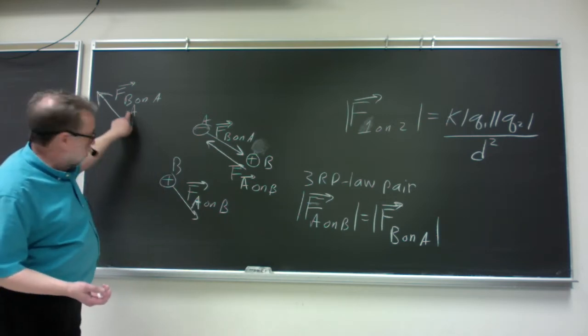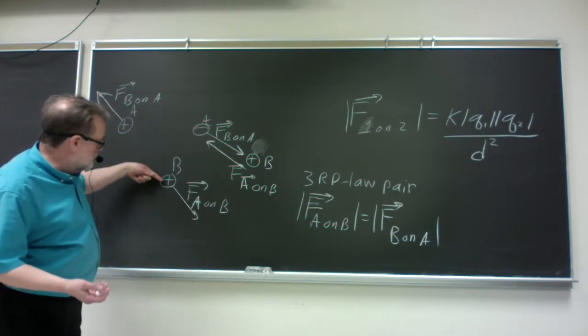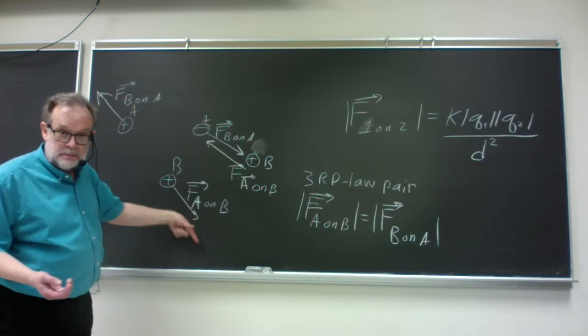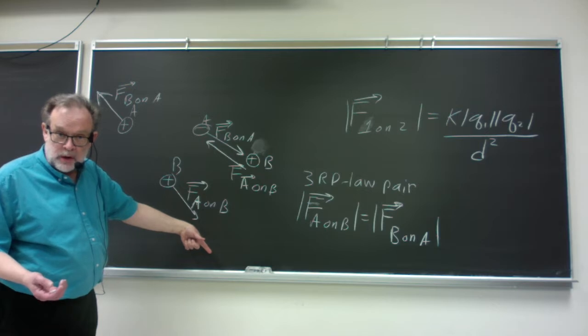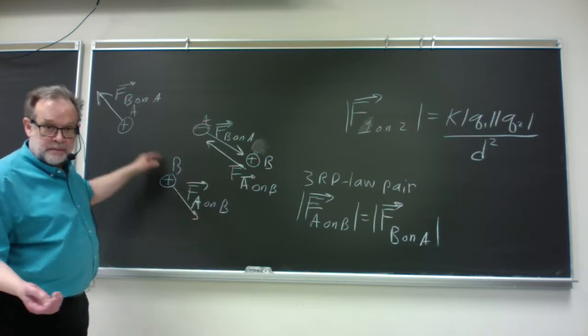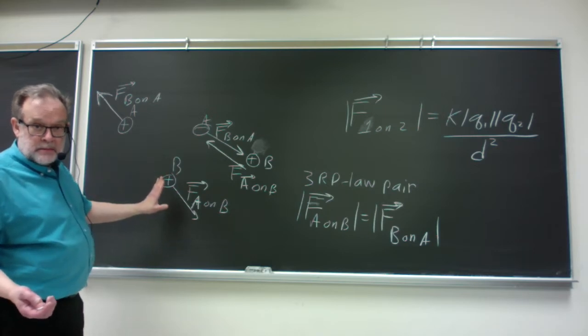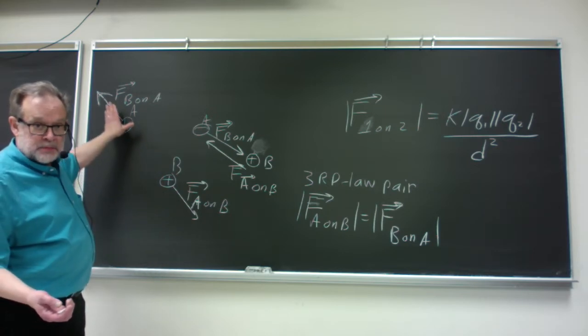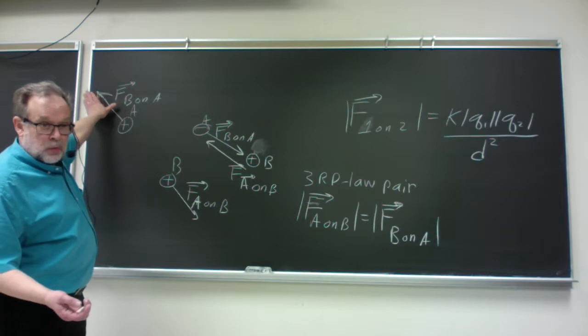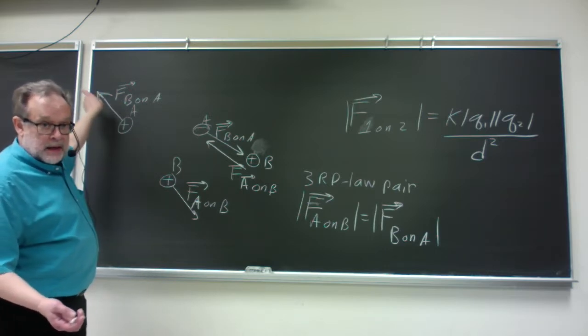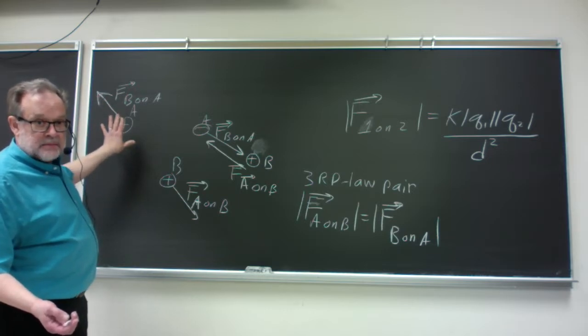B feels a repelling force from A. B is pushed away from A, and the force from A on B pushes B this way, away from A. And similarly, A feels a force from B. B is repelling A. B is pushing A away from B. Force from B on A repels A away from B.